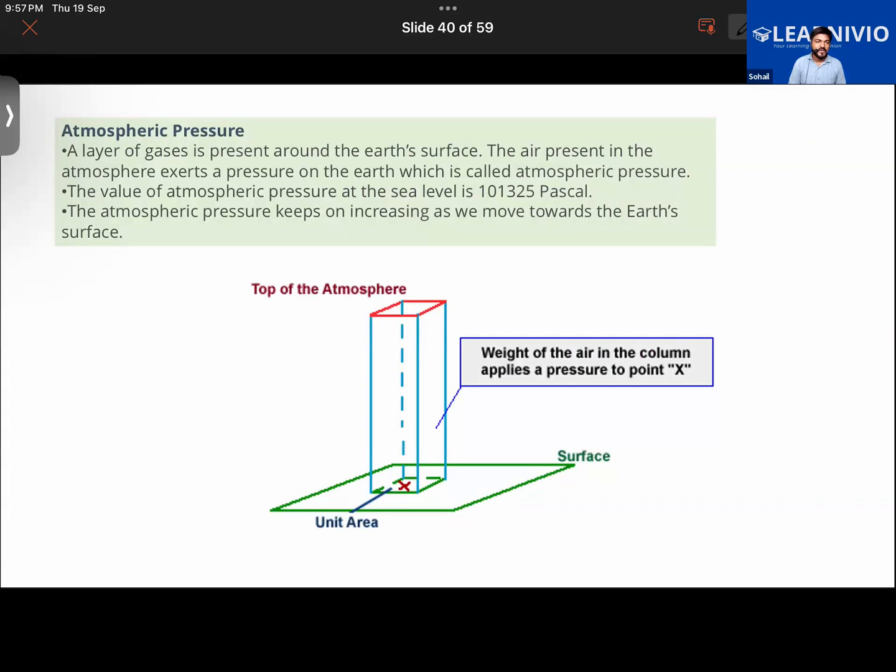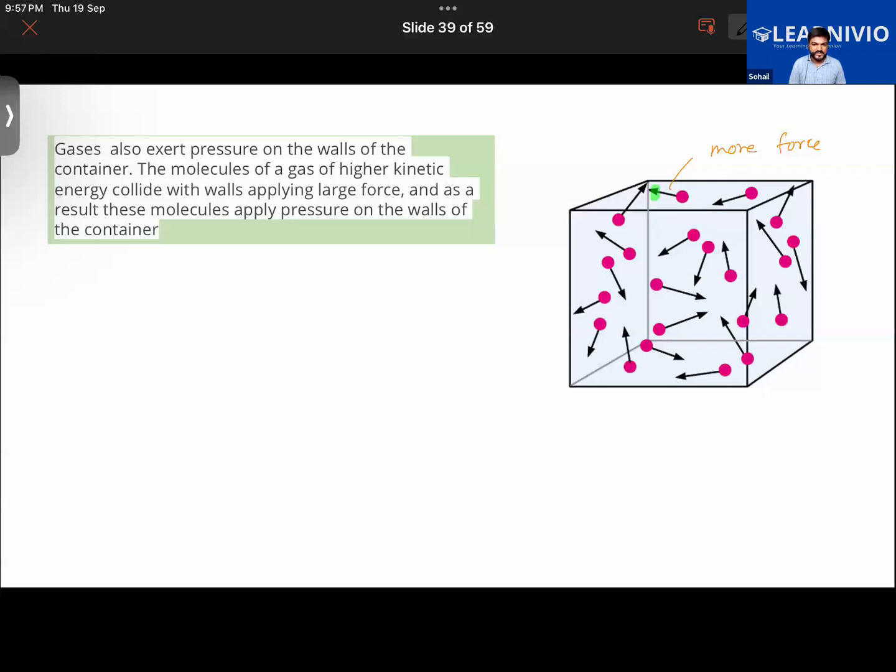Furthermore, talking about the pressure exerted by the gas or basically atmospheric pressure, it will depend upon several factors. Just like we have learned in the case of the liquid that force will determine the pressure there. So the factors that will determine the pressure exerted by the gases are as follows. Can you guys think of it?